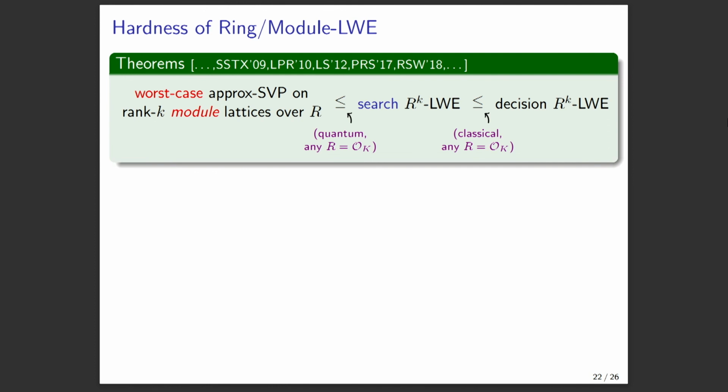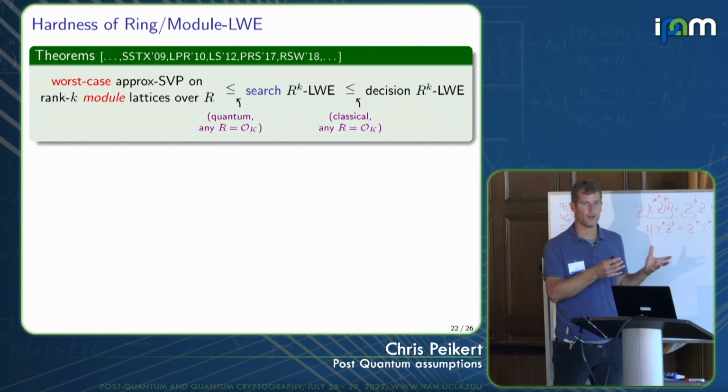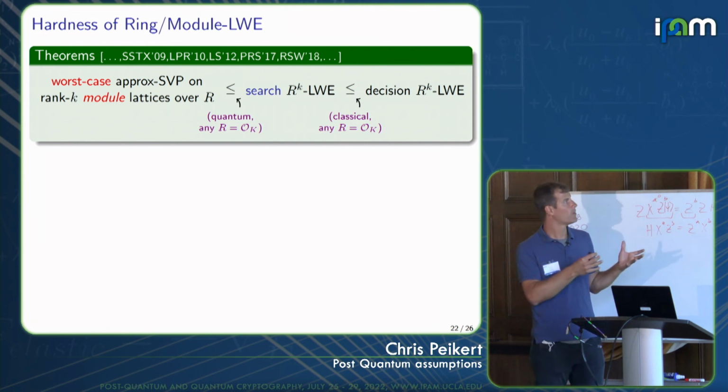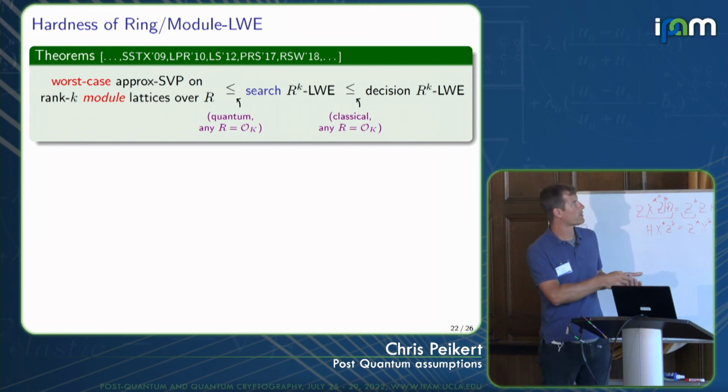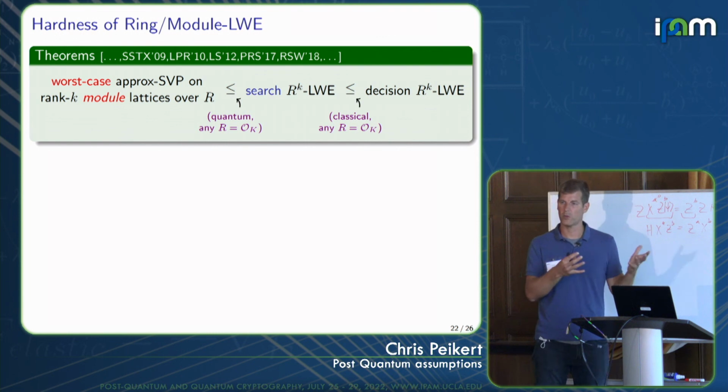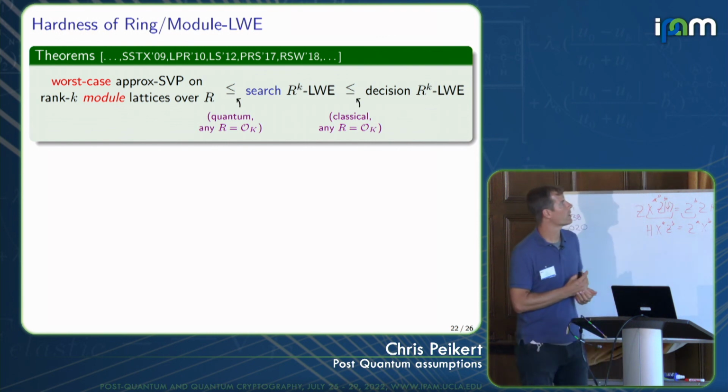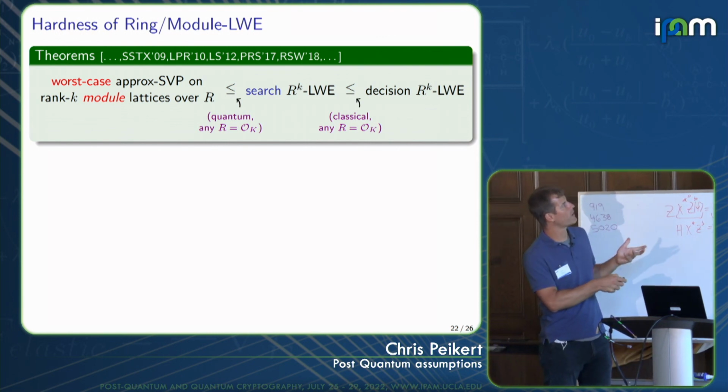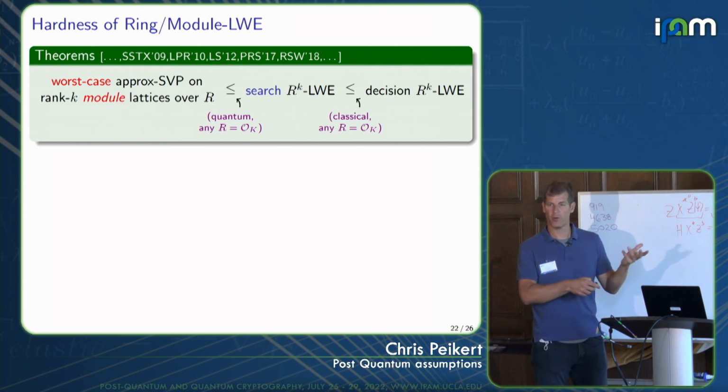So these are lattices that still have the same algebraic structure coming from R. It's not arbitrary lattices anymore, but still it's any lattice that has this ring structure. It's a module over this ring. So by restricting our instances to those that have the algebra, we can still prove the hardness of this more efficient structured problem.